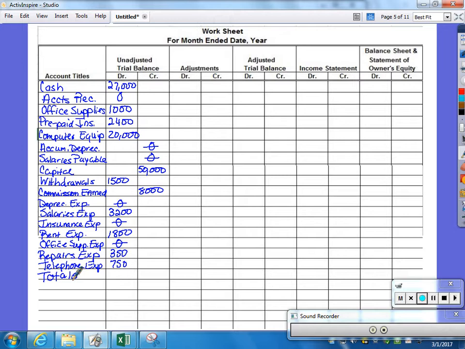Said on the credit side is 58,000. Yeah. Okay. Just double check the debit side to make sure they should be full.